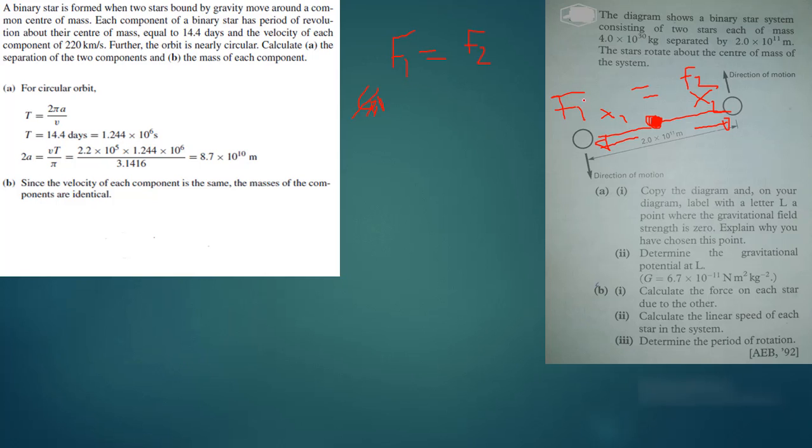that these are vectors. Force due to 1: assume this is a body with mass m, so we have G m, let us say the mass of these is m1 and m1, because both have equal mass, 4 times m1 divided by x1 squared, and this must be equal to the force due to the other, which is G m of the body, m of the other, over the other distance, x2 squared.